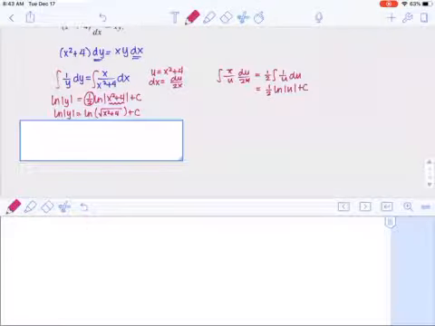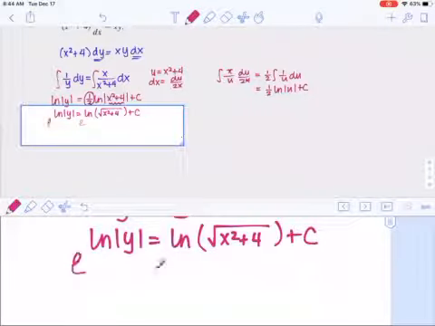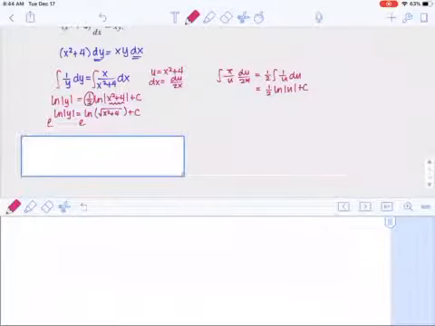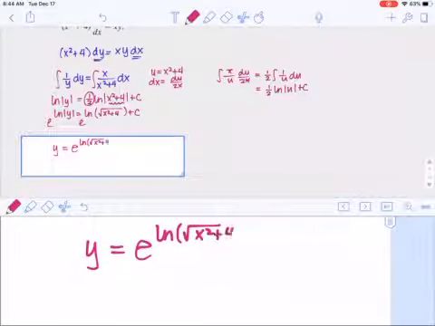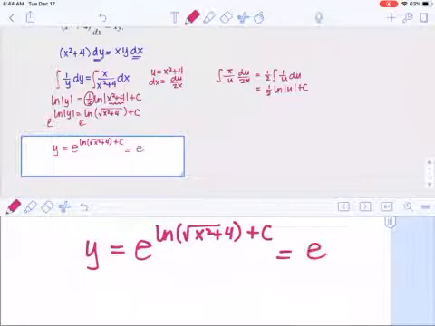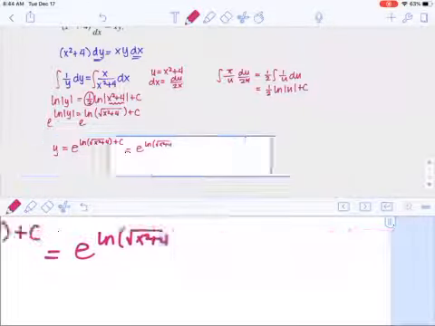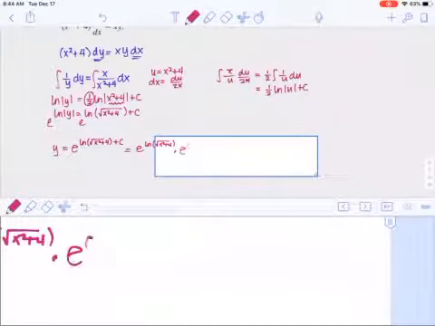All right, if I'm interested in getting y alone, I know that I can do e to the on both sides, okay? So e to the natural log of y would just be y. On this side, e to the natural log of the square root of x squared plus 4 plus c. Remember, that's the same thing as e to the natural log of the square root of x squared plus 4 times e to the c.